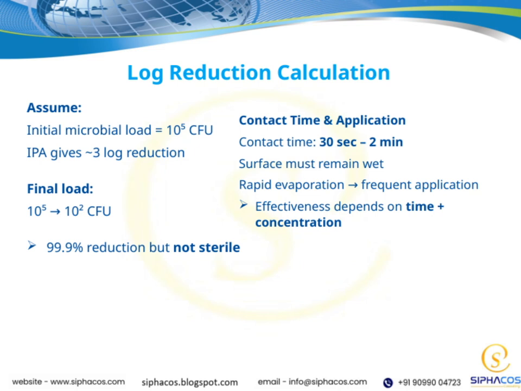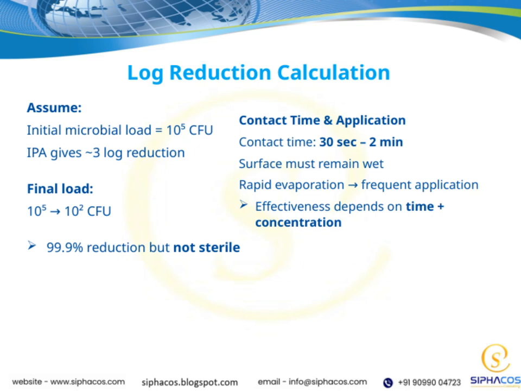Suppose we start with an initial microbial load of 100,000 CFUs. When using IPA, which generally gives around a 3 log reduction, that means we're reducing the microbial count by 1,000 times. So, starting from 100,000, after disinfection we're left with about 100 CFUs.